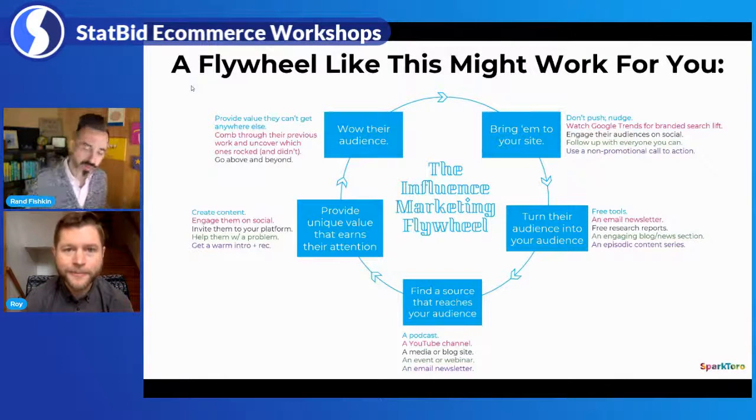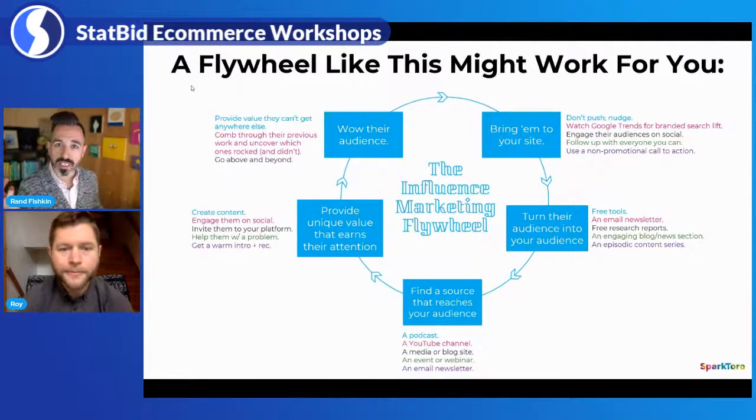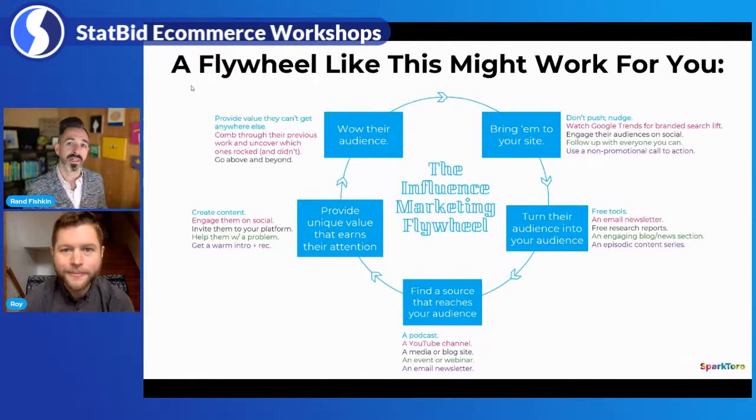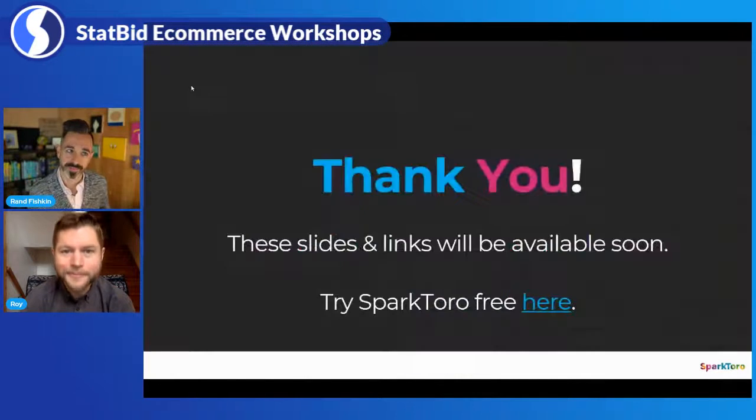And now you've got something repeatable, scalable, true competitive advantage. This is so hard to beat. Once you've got an audience that is passionate, that knows you, likes you, trusts you, listens to you, that is a competitive advantage for the long term that no one can take away from you.